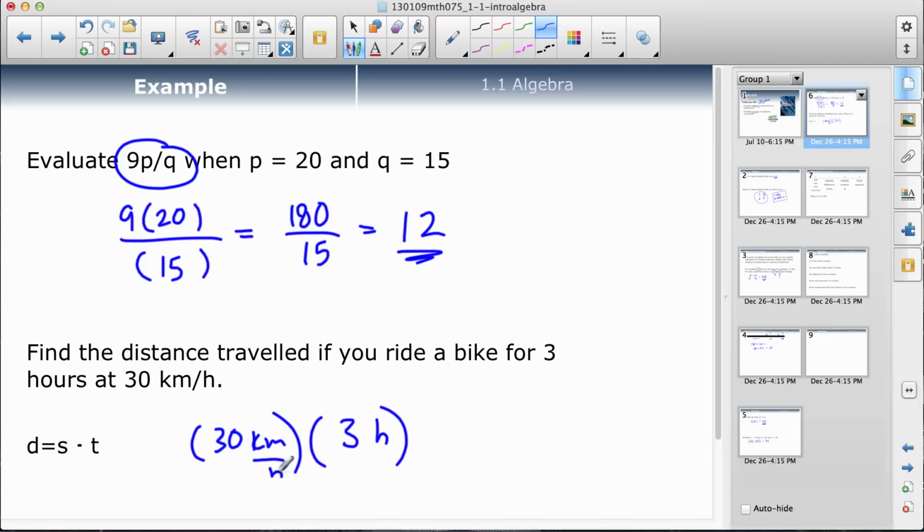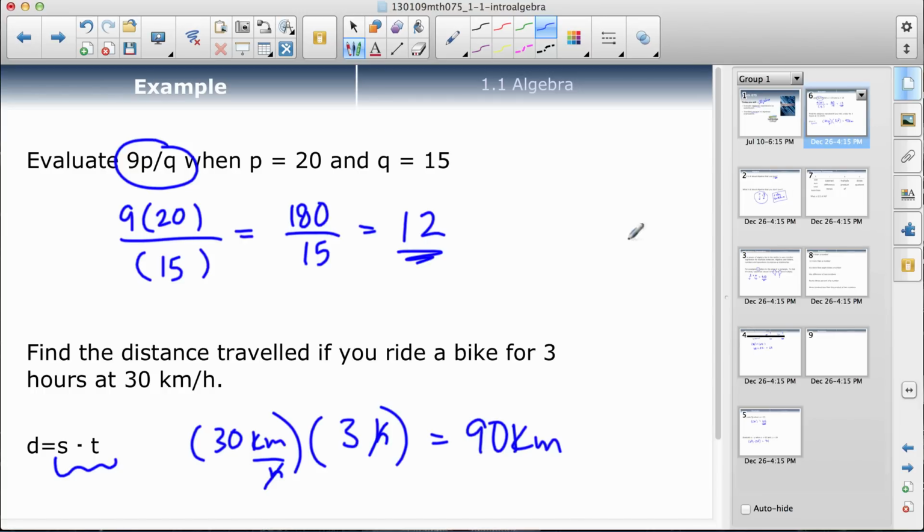Notice in this case here, we don't often do it with letters, but I like to, my hours both cancel. So I'm winding up going 30 times 3, so that'll be 90, and the unit that's left is kilometers. Okay, so evaluating this expression here, if the rate is 30, the time is 3, I would go 90 kilometers.